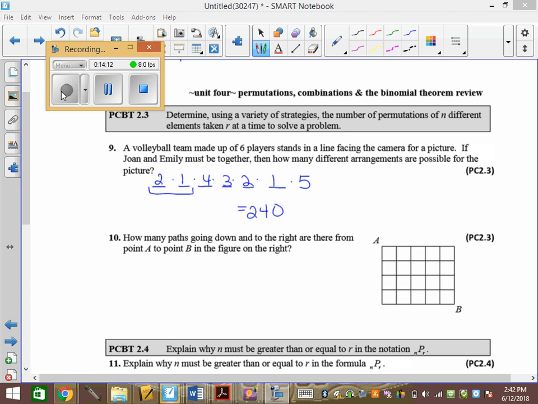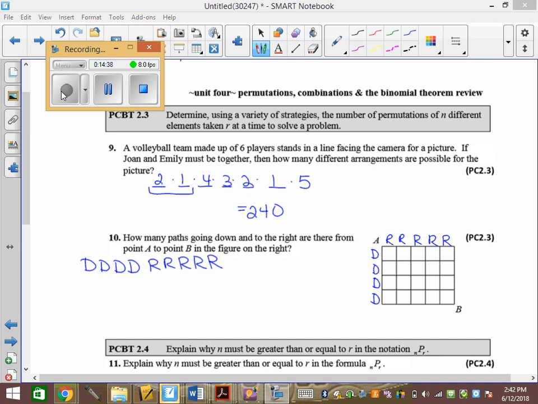How many paths going down and to the right are there from point A to point B? Remember, we went D, D, D, D, R, R, R, R, R. So if we had the word, we would rearrange it so that we had 4 Ds and then 5 Rs, right?